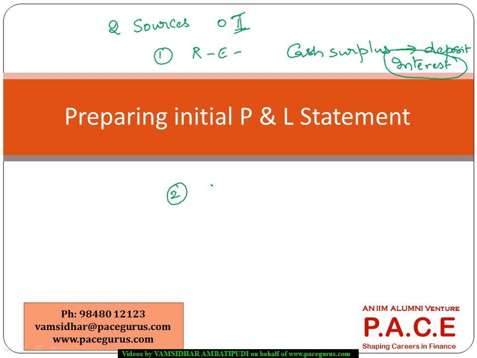Two, very soon we would be talking about what we call a DSRA account, Debt Service Reserve Account. In most loan cases, the bank may ask the borrower to open a DSRA account. And what is the purpose of that account? As the word itself says, Debt Service Reserve Account.